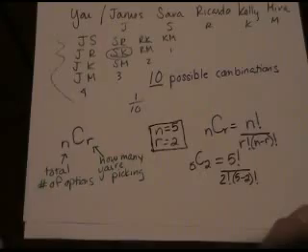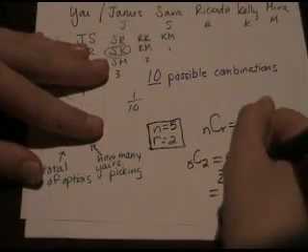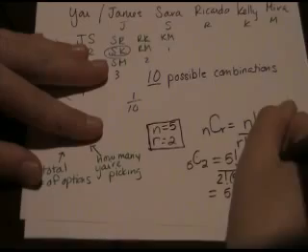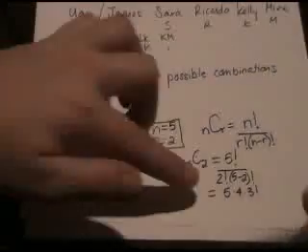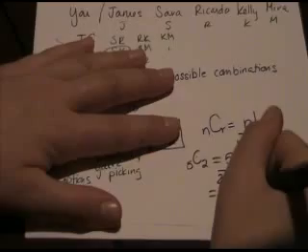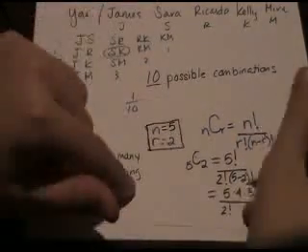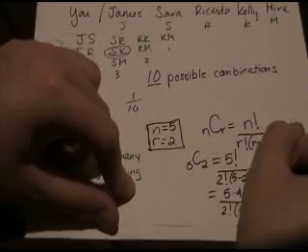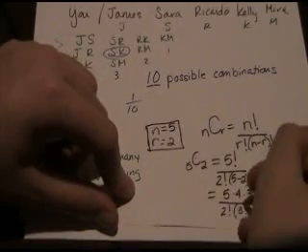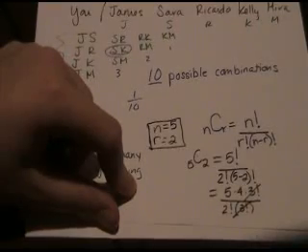Order of operations. We're ready to go ahead and say, that equals 5 times 4 times 3 factorial. And I'm going to pause there because in the denominator we have 2 factorial times 3 factorial. Well, the 3 factorial in the numerator cancels out with the 3 factorial in the denominator.